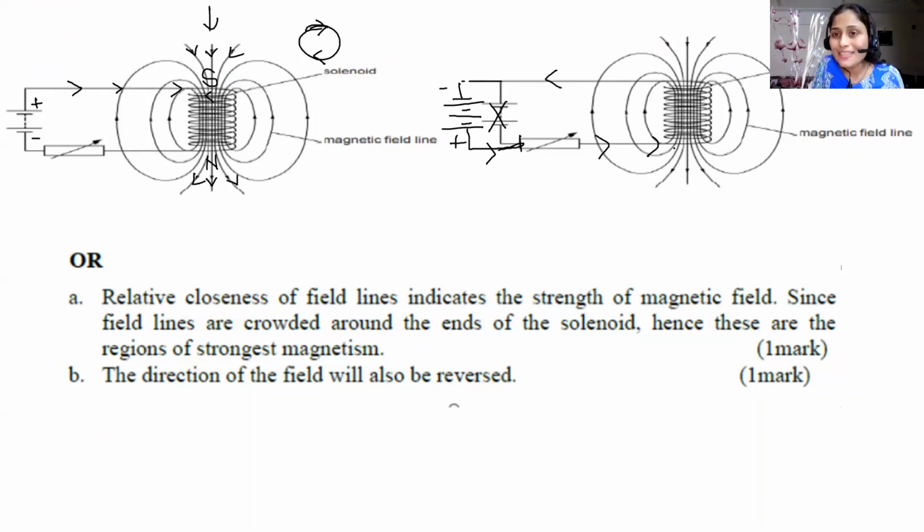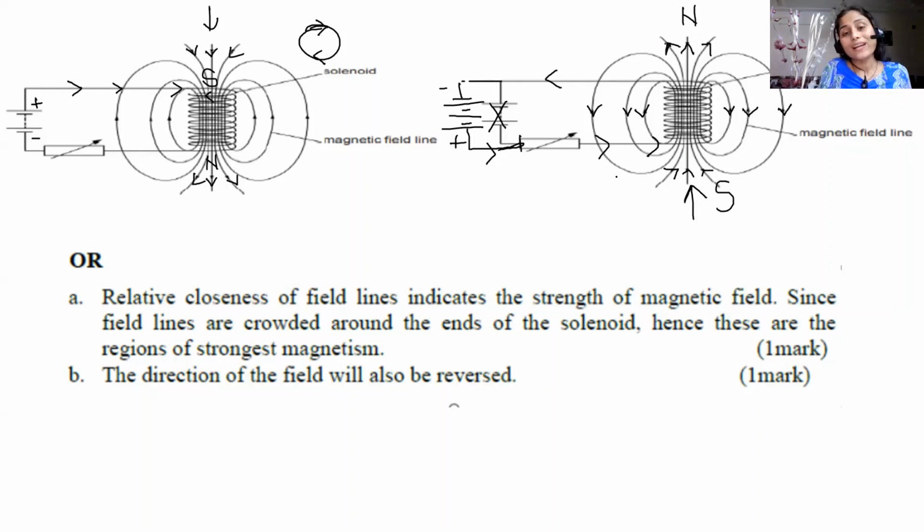So what will happen now? This coil, when you watch from here, will act as south pole. So this will be south and this will be north, right? Now the process will be reversed. The lines will be emerging in this direction in this case. They will start emerging from north and enter into the south. Like this.